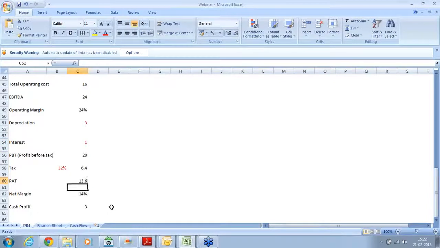So look at this. Here, profit is about 13.6. But actually, you have got more than 13.6 in terms of cash. I think I got the formula wrong. I'll just correct it.